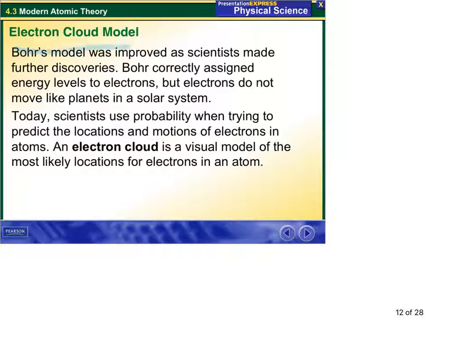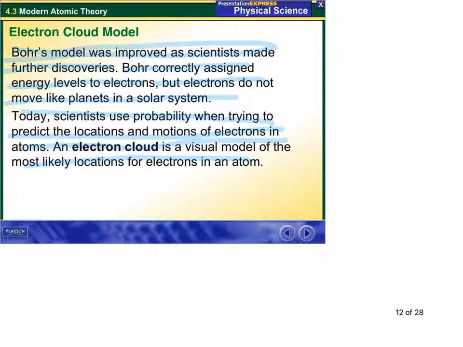Bohr's model improved as we had further discoveries. Bohr correctly assigned energy levels, but electrons do not move like planets in a solar system. Today we use probability when trying to predict the locations and motions of electrons in atoms.